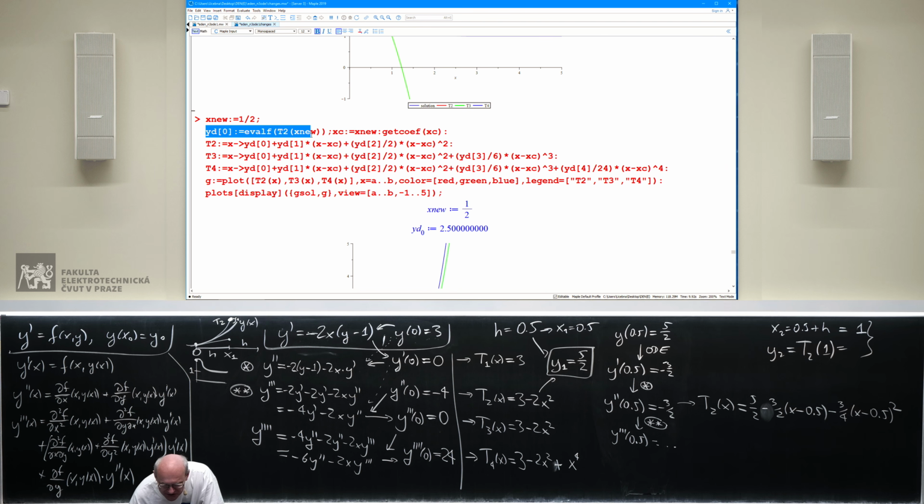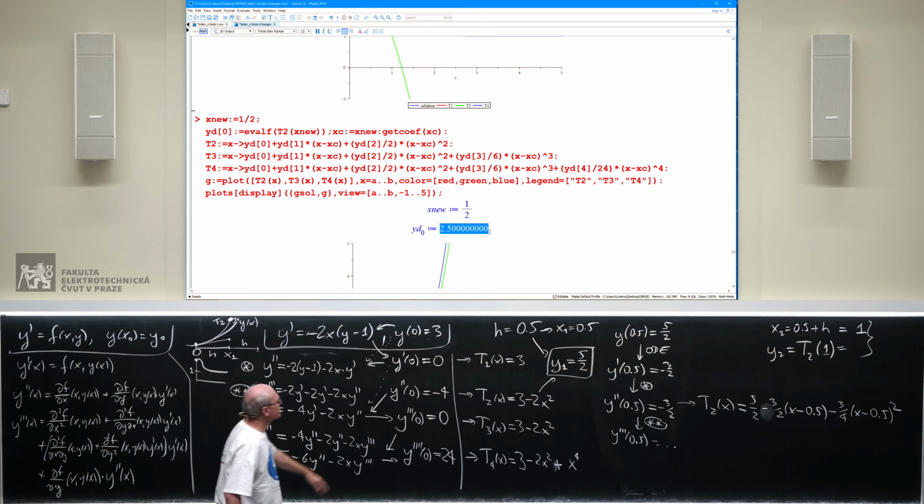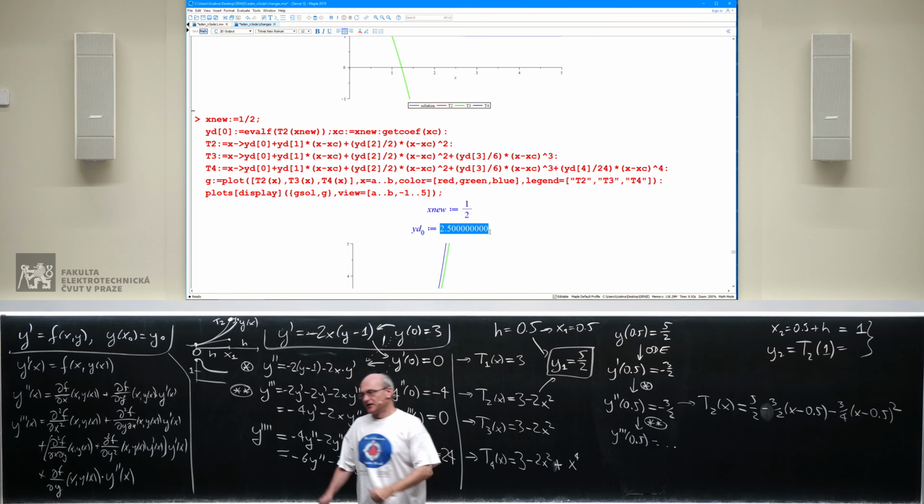For new y, I'm using t2. I'm doing exactly the same in my Maple code. And then I calculate new coefficients, and I create new polynomials. By the way, the new value for y is 2.5, which is exactly 5/2.